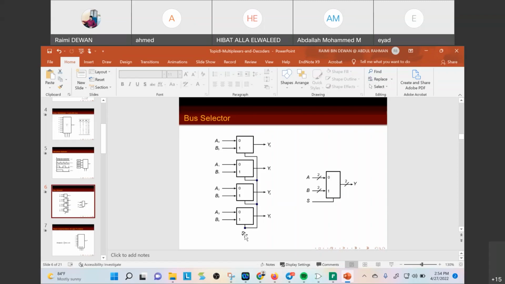S here is the data selector, so it's still one data selector because it's still using 2 to 1 multiplexers. So 2 to the power of 1 equals 2. So 2 combinational inputs and 1 data selector. Whenever S is turned to 0, it will choose A0, A1, A2 and A3. So it will go to here.